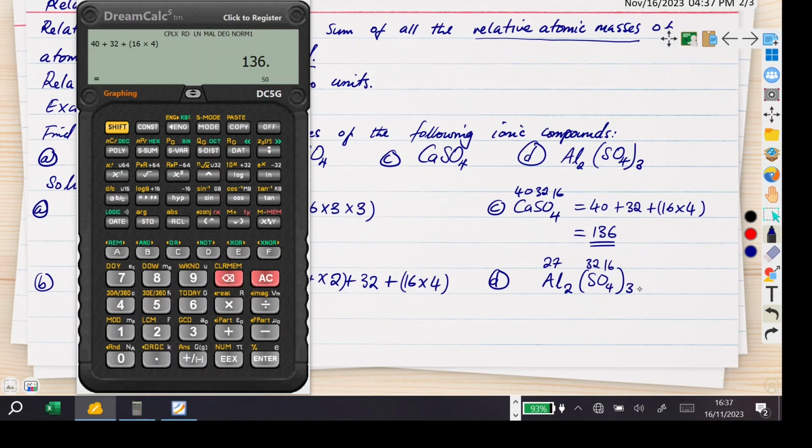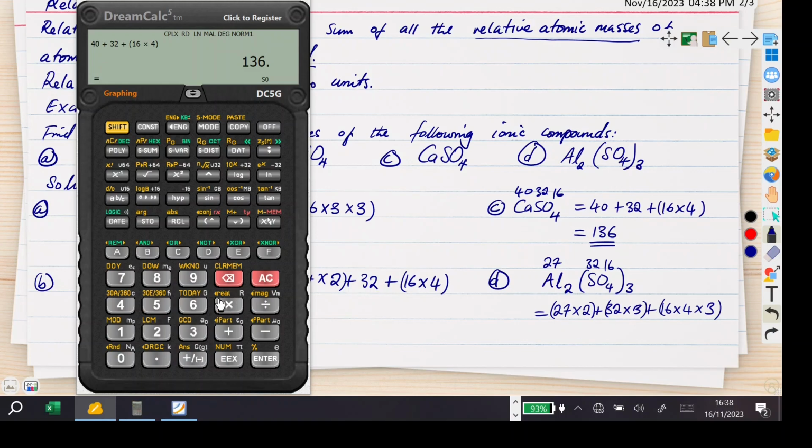So you say equals 27, because there's a 2 here, times 2, then plus sulfur, because there's a 3 here, 32 times 3, then plus oxygen 16, because there's a 4 here, times 4, then because there's a 3 outside the brackets, times 3. You can put these in brackets like that.